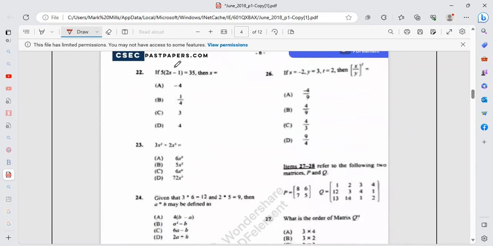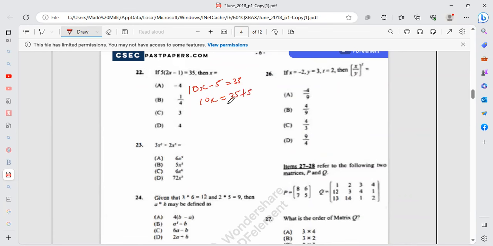22. We'd have multiplied this, right? So that means 5. So this gives me 10x minus 5 is equal to 35. When you expand, that's what you get. So 10x is equal to 35 plus 5. So the answer would be 3. Which one?